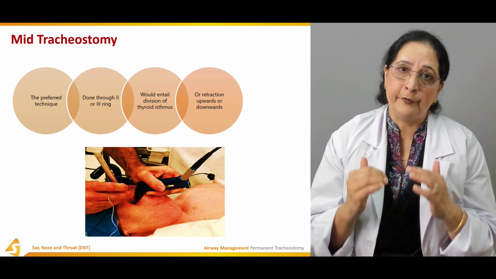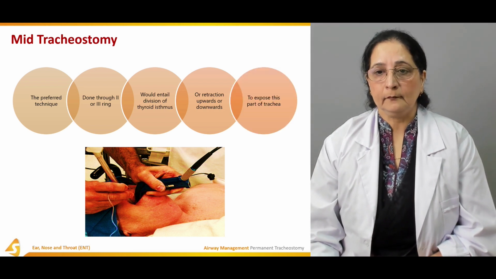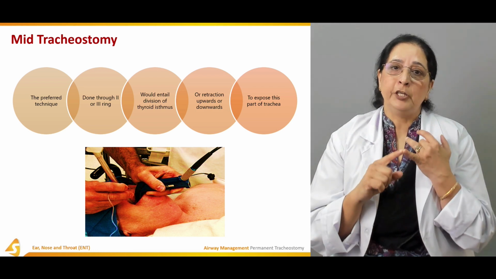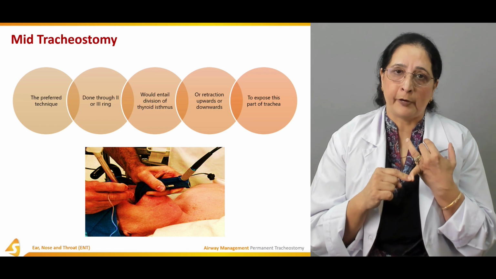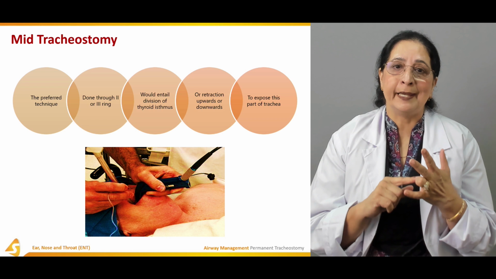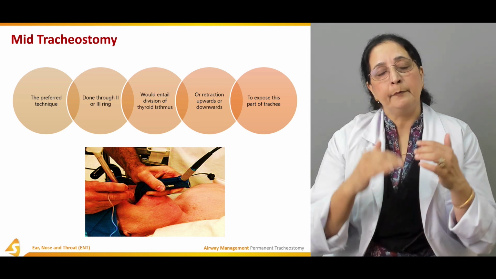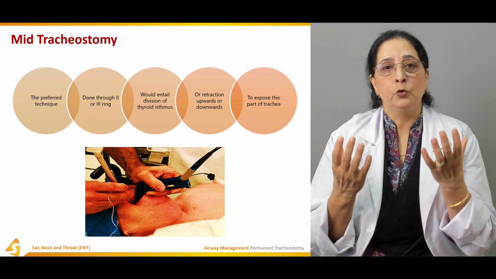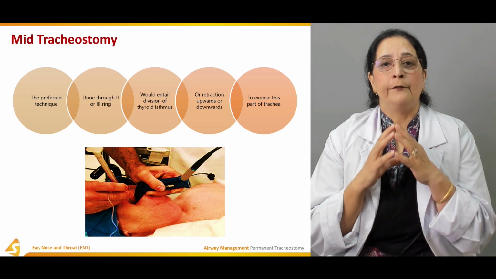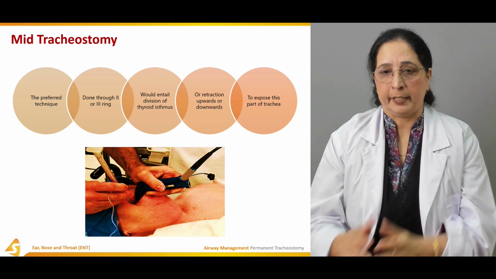It's the preferred method to expose this part of the trachea. So mid-tracheostomy is the preferred technique. It involves the second and third tracheal ring, and we can divide the isthmus or move it up or down to give the space or to give the visual of the trachea or to access the trachea.